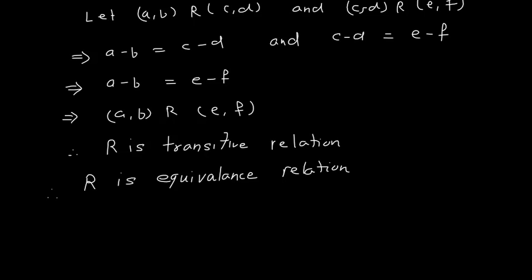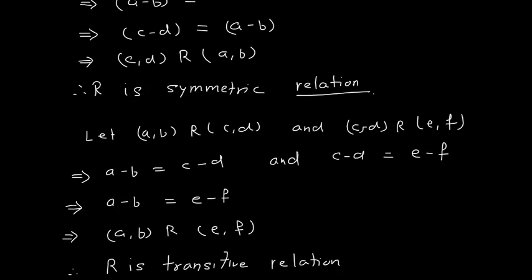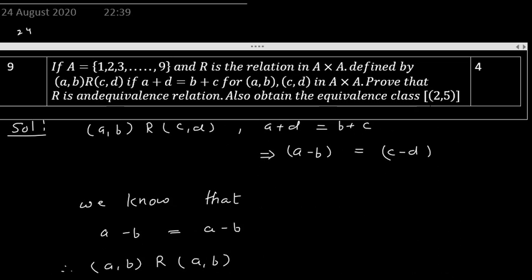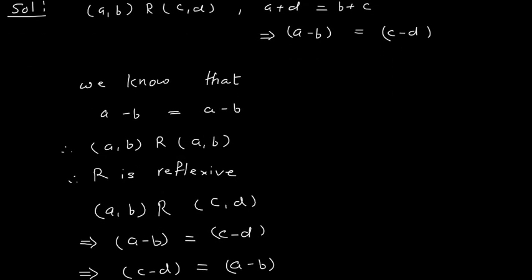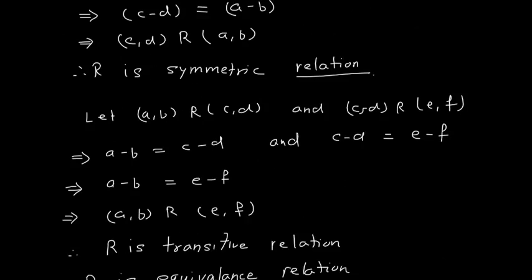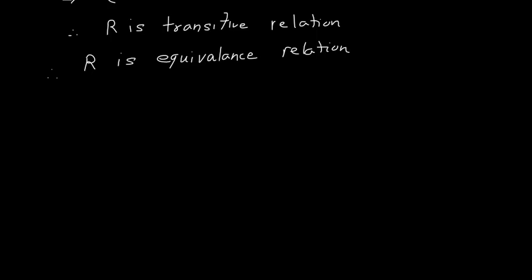Now next I have to find the equivalence class for (2, 5). So equivalence class for (2, 5) means I have to find the set of numbers which satisfies this relation. For (2, 5) we have to check the equivalence class.